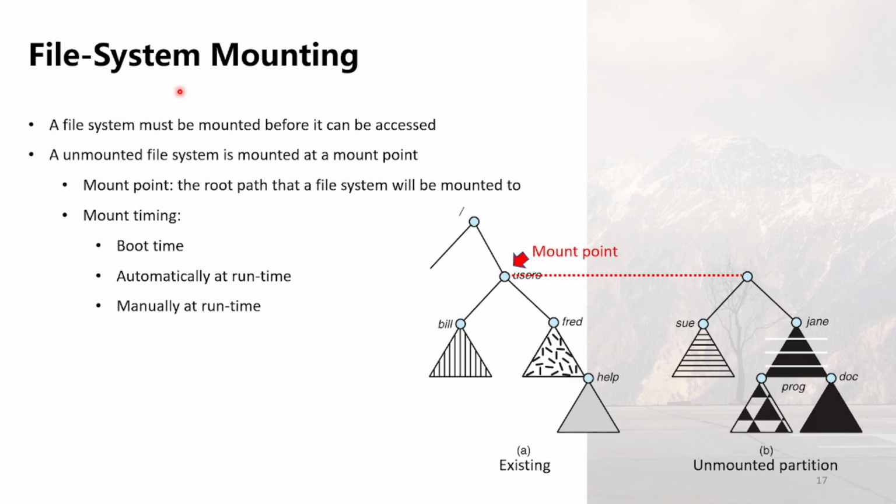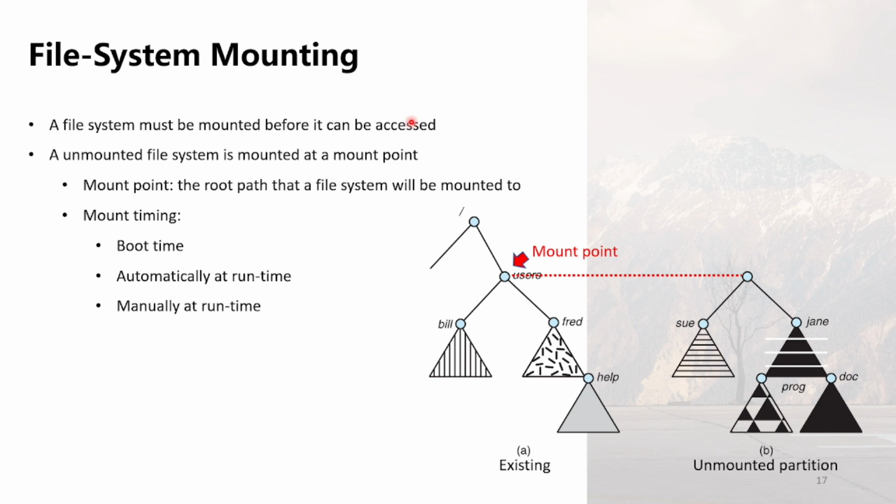After we understand the structure of directory, we are now going to discuss a vital concept in operating systems known as file system mounting. To access any file system on our computer, it must first be mounted.